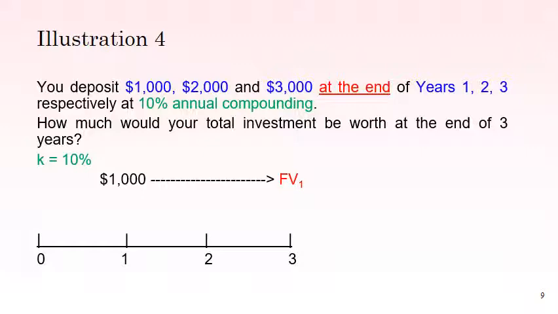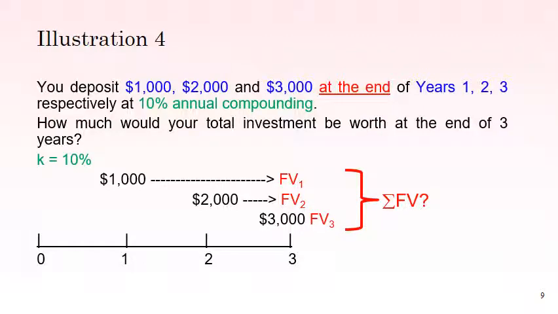So we have $1,000 at year 1, and we're looking at finding FV1. We have $2,000 at end of year 2 and $3,000 at end of year 3, and we'll add up all these figures to find the total future value.